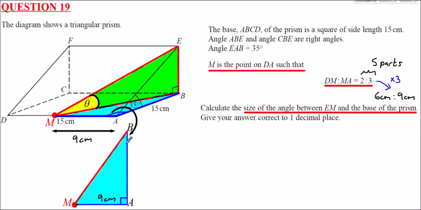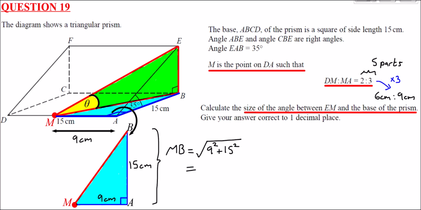And as well as that, we need to work out from M to B. We know the line from A to B is 15 centimetres. So we can now work out MB by using Pythagoras. So MB, this hypotenuse, will be the square root of 9 squared plus 15 squared.